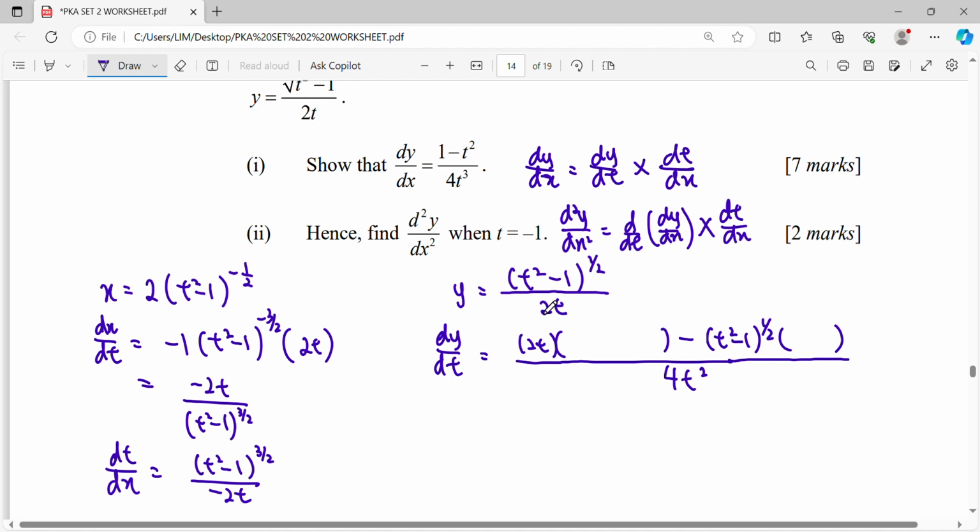Okay, differentiate the top using the power rule, power comes to the front, power minus 1, differentiate the bracket 2t. Differentiate the bottom, 2. And what we can simplify here is the coefficient of 2.